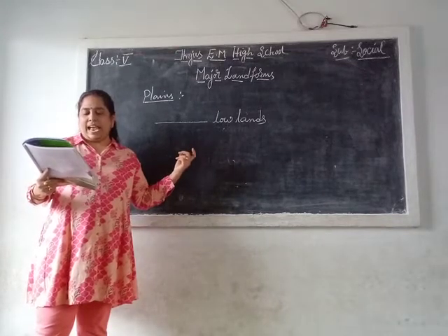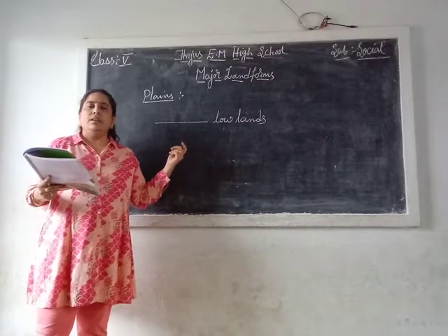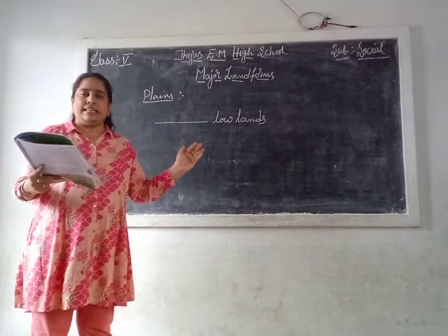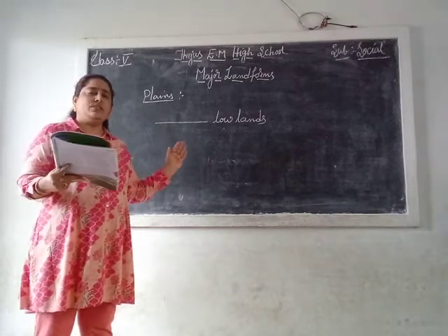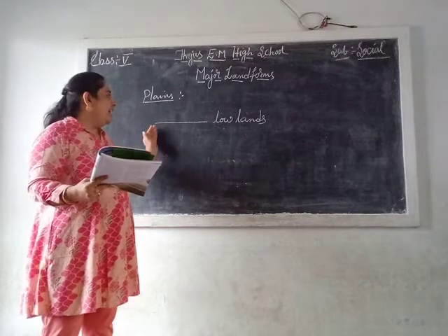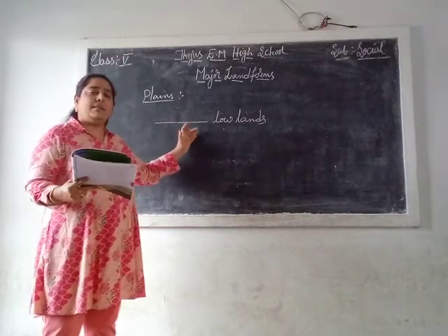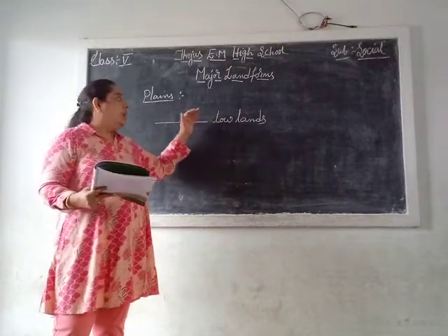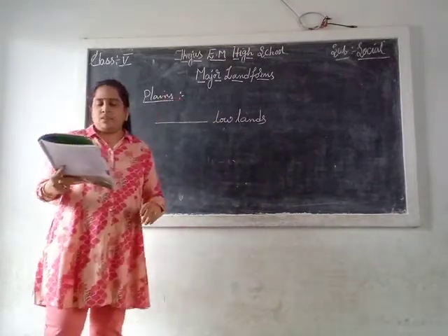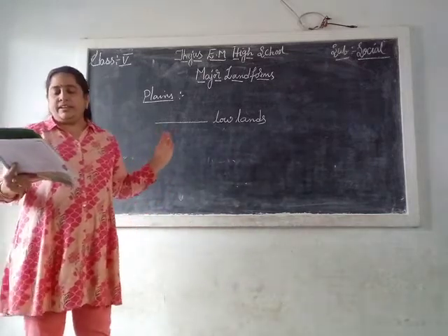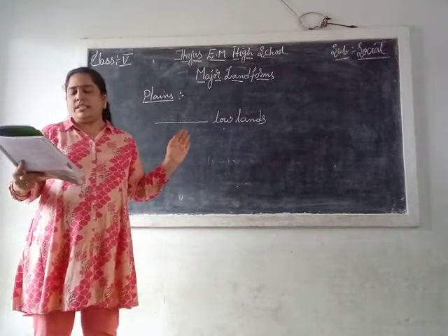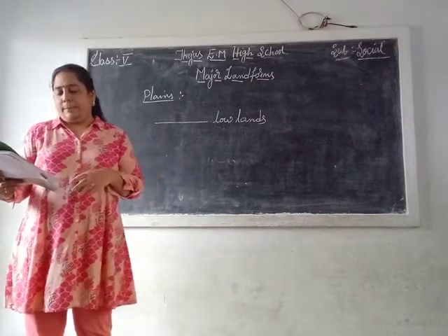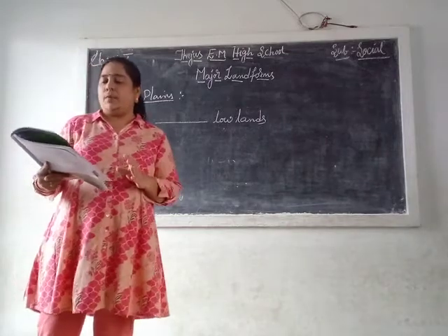Rivers carry sand and silt with them. When the rivers slow down, these materials are deposited on the banks. Plains are formed by these deposits.